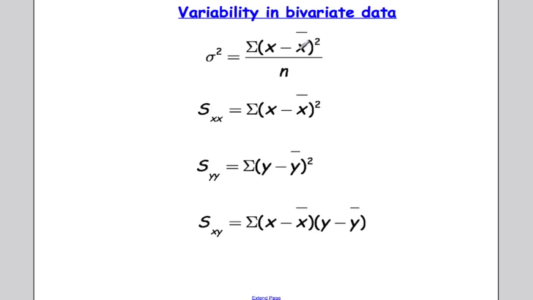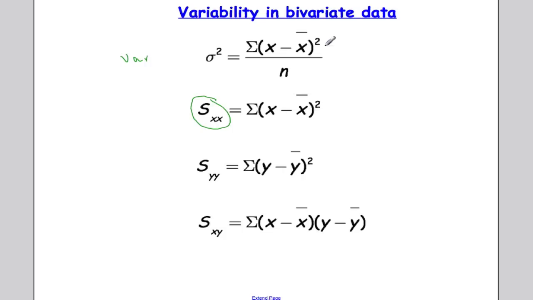So we have variability in bivariate data. If you remember back in one of my earlier videos, I described the variance as sigma squared, calculated by working out the mean squared distance. We take each x value, subtract the mean, square it, add them all together, and then divide by n, and that gave us the variance. In bivariate data, we have this Sxx term, which basically means the sum of xx, given by the sum of (x minus x bar) all squared.